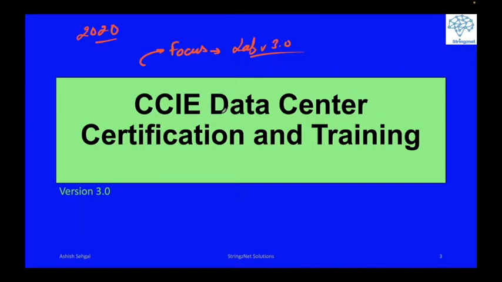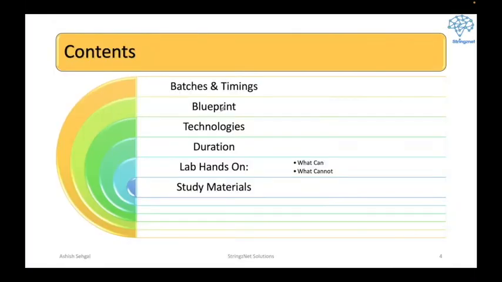So this training is going to be focused on the specific technologies with regards to the lab, which means that while discussing the individual technologies, which I'm going to present to you shortly, we will be talking about what was there previously in our labs and what is there now in the CCIE Data Center version 3.0 lab.